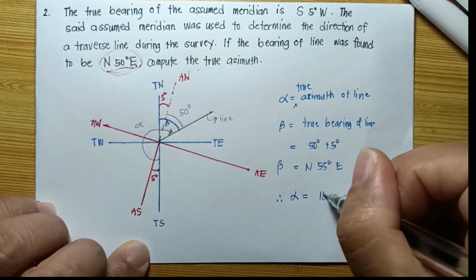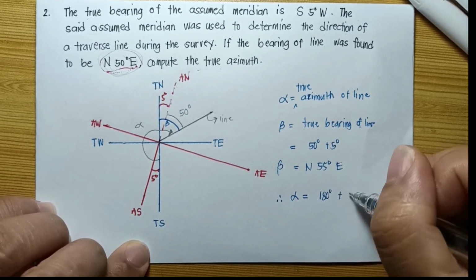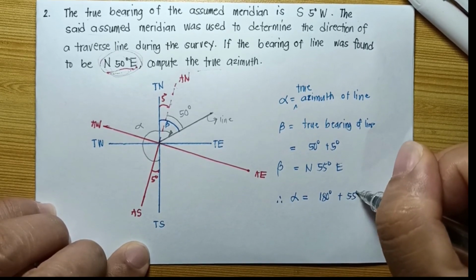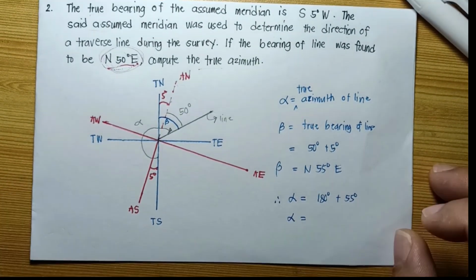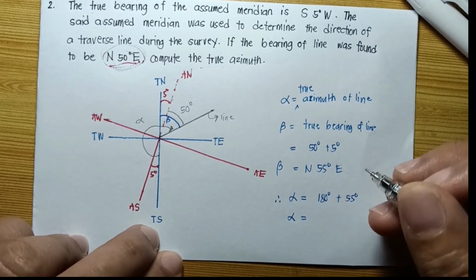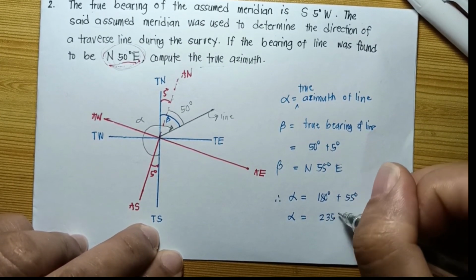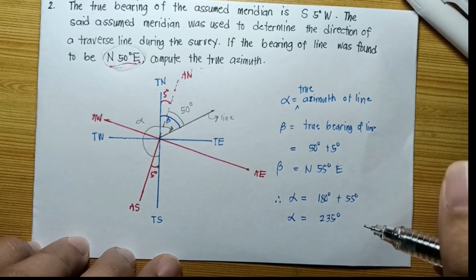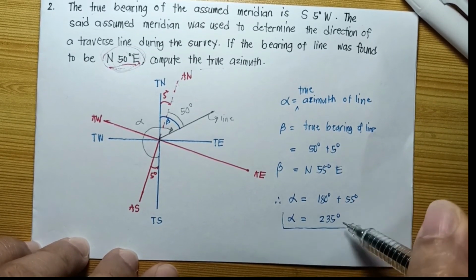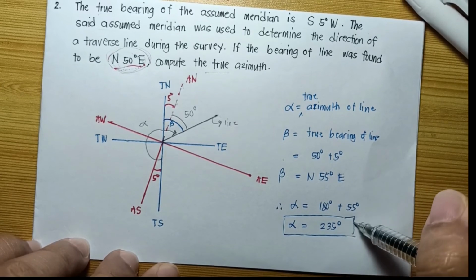So you have 180 degrees plus 55 degrees, which gives you 235 degrees. This is the true azimuth of the line.